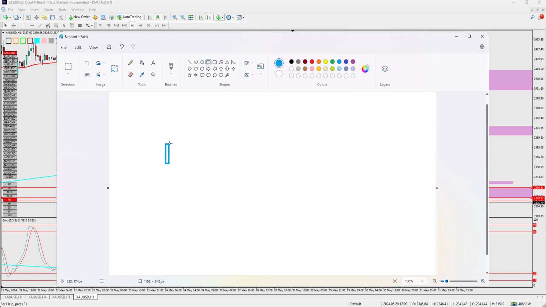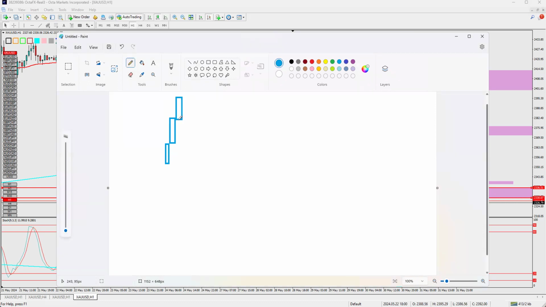So we have another candle, and then another candle. So these are 3 candles going up. Then we have some wicks. Just assume we have some wicks right here.